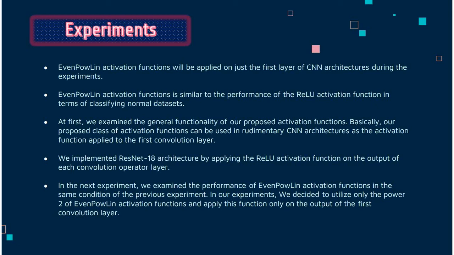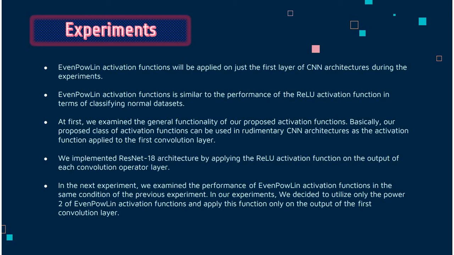At first, we examine the general functionality of our proposed activation functions. Basically, our proposed class of activation functions can be used in rudimentary and basic CNN architectures. We implemented the ResNet 18 architecture by applying the ReLU activation function on the output of each convolution layer.